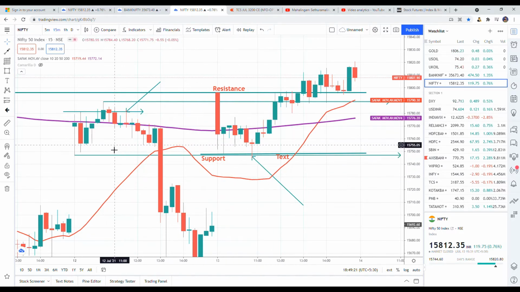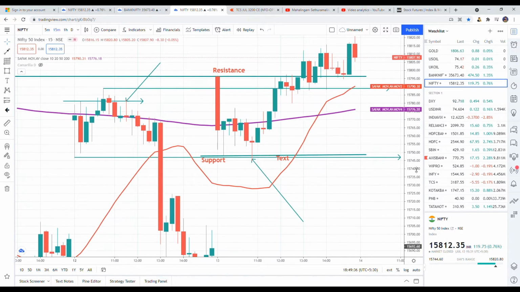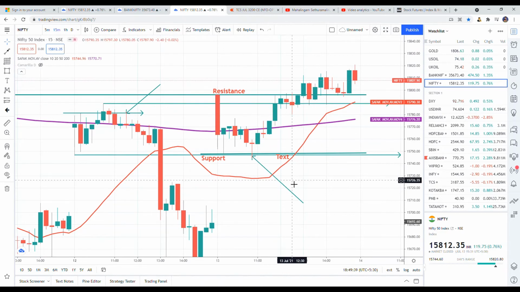So you have a great support and the support is also respected. So naked chart is our first price action strategy, and along with the moving average, this is the second one. Within these two, it is fair enough to take the trade.